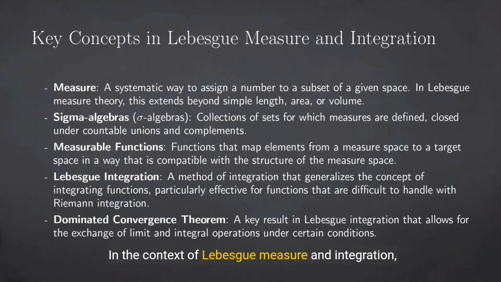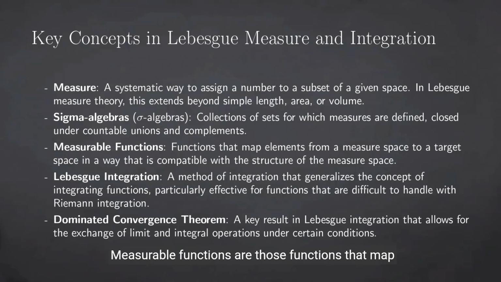In the context of Lebesgue measure and integration, we come across several fundamental concepts. Measure itself is a systematic way to assign a number to subsets of a given space, which goes beyond simple dimensions like length, area, or volume. Sigma algebras, or collections of sets for which measures are defined, are crucial as they are closed under countable unions and complements.